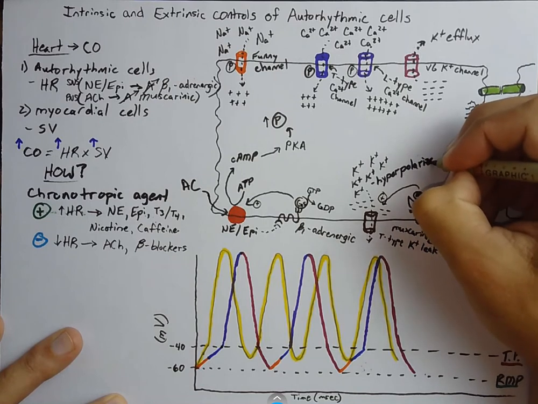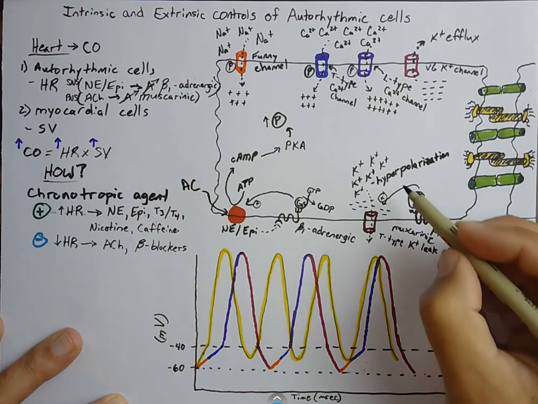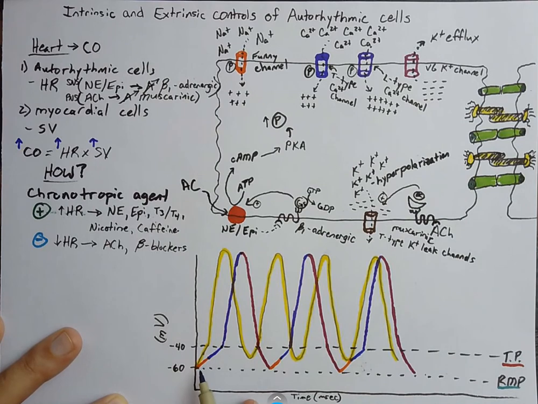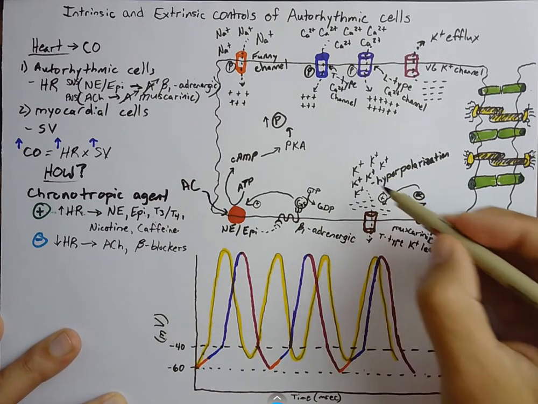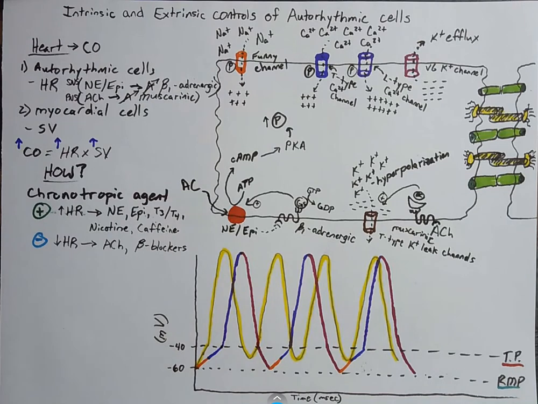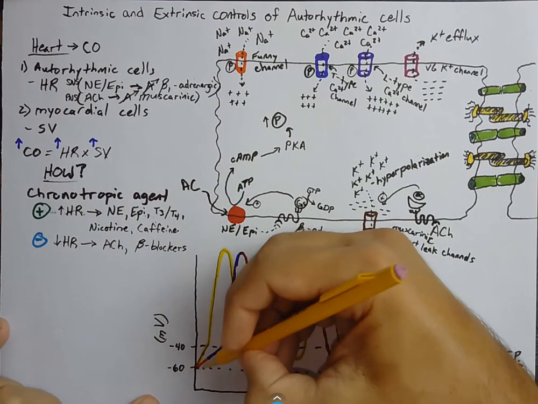Hyperpolarization, because what does this term tell us? It tells us that the membrane potential just got below resting membrane potential. So as potassium leaves, what's going to happen to our action potential down here, right?